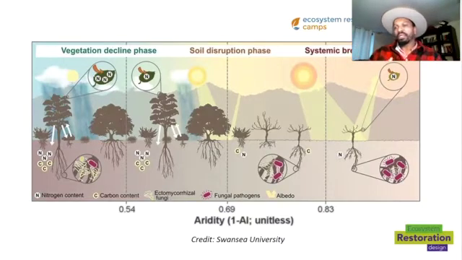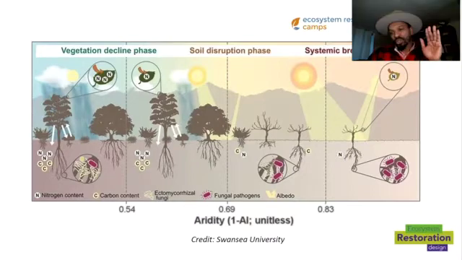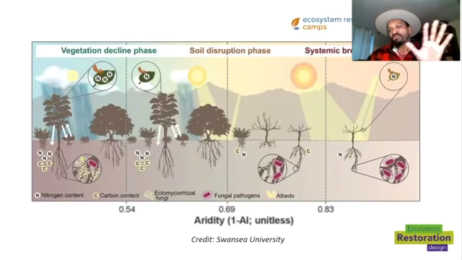So typically what we see, if we were to look at this graphically, and this describes what is seen historically with the degradation of land over time, is the removal of vegetation in a given landscape.